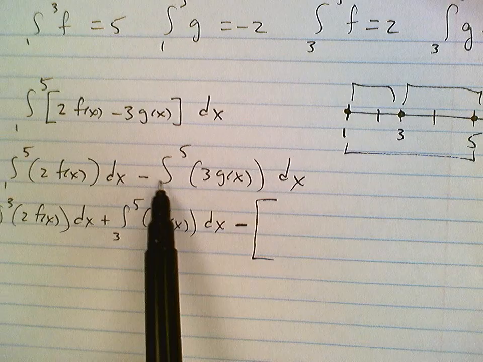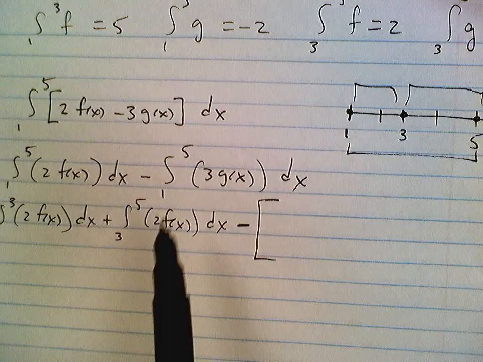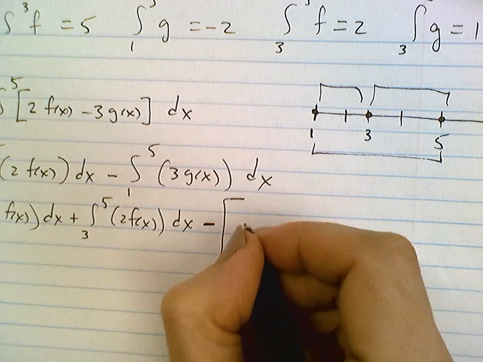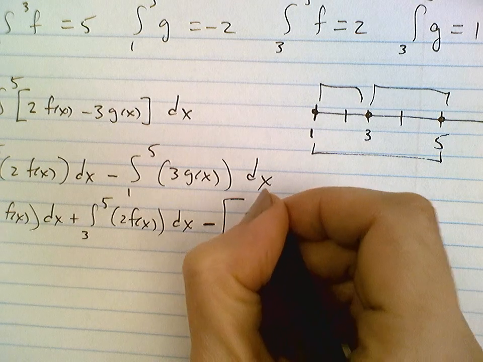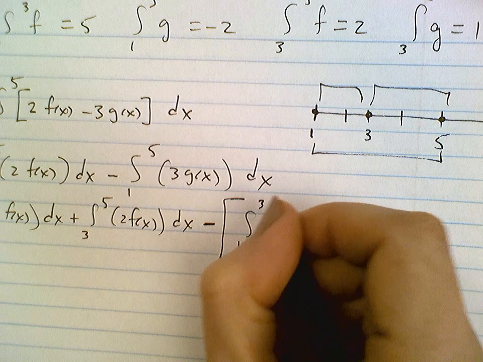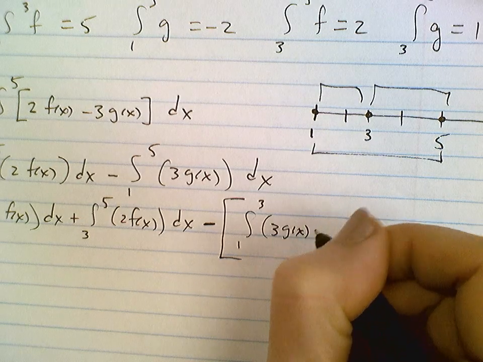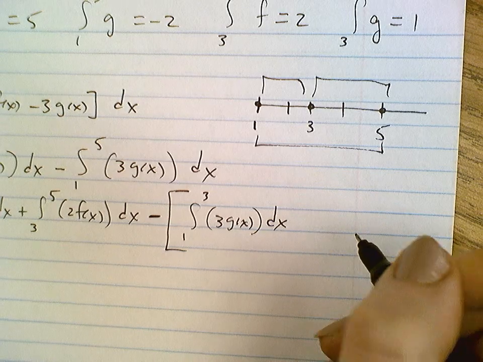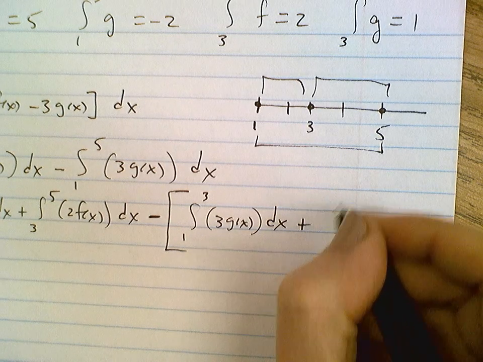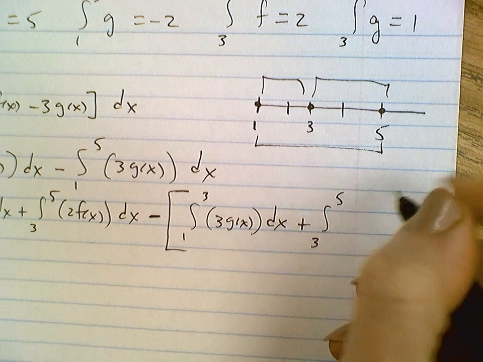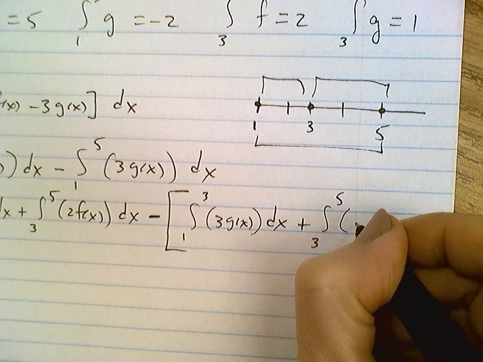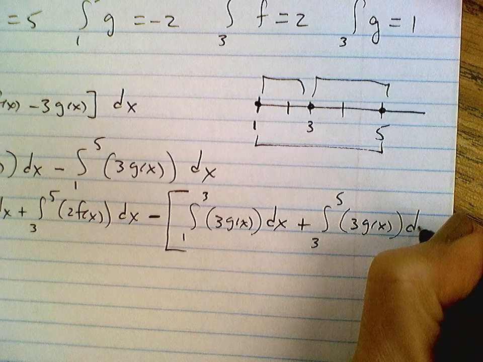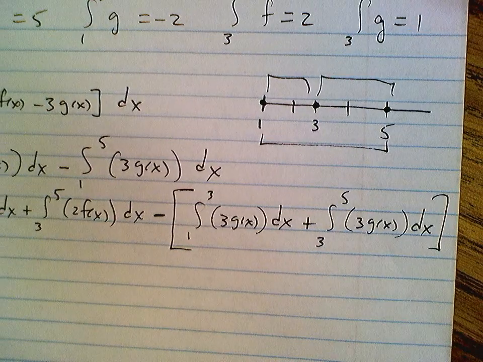Now I'm going to split this up into 2 things, and I'm subtracting both of them. So the integral from 1 to 3, and I don't think the one on the test is this long, plus the integral from 3 to 5. Okay, all right, so step 2.